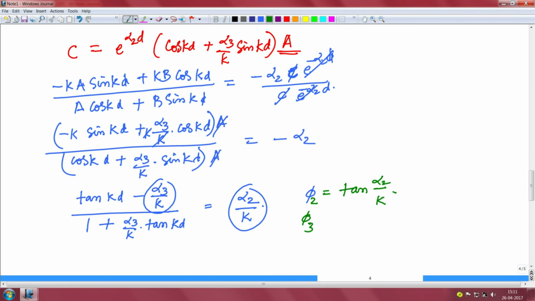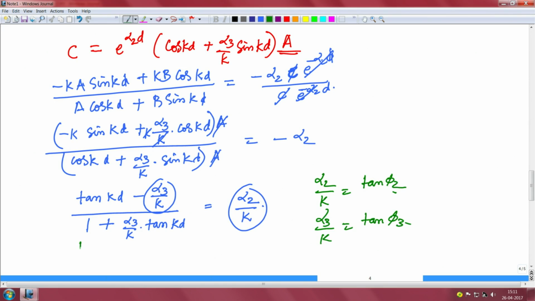Okay, let me put it in the form of tan inverse. I will redo. I will put alpha 2 by k as tan phi 2 and alpha 3 by k as tan phi 3.